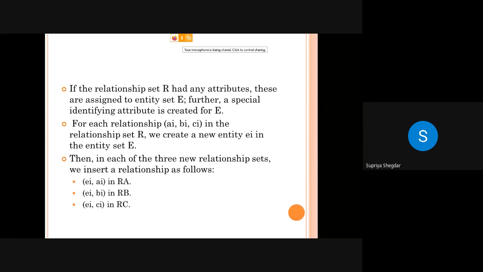Here AI, BI, CI are the attributes, and we also insert a new attribute of E, that is EI.